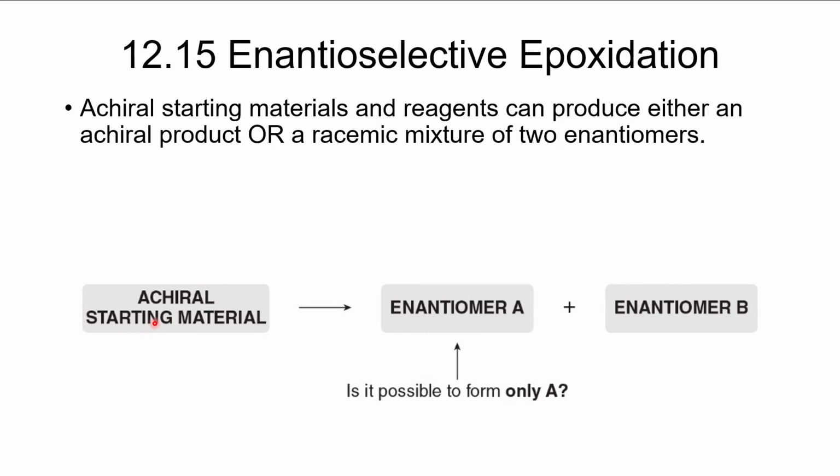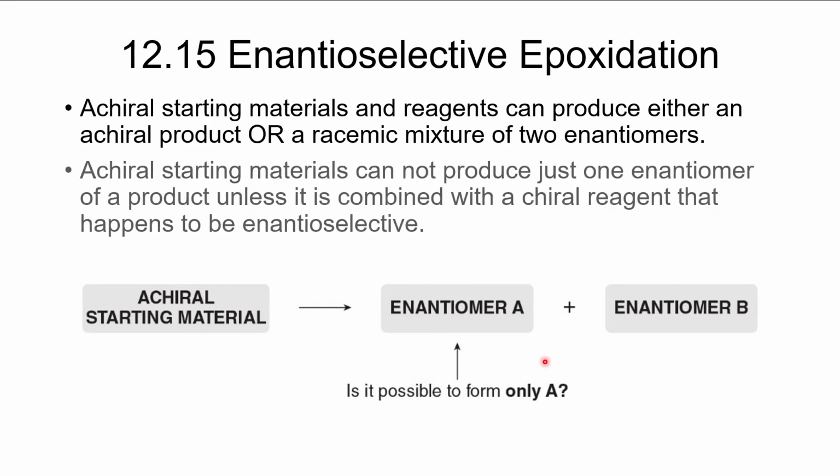It's impossible to take an achiral starting material and an achiral reagent and produce just one of the enantiomers. In order to convert your achiral starting material into just one enantiomer, you have to do one of two things. Either one, you have to use a chiral reagent, or two, you have to separate your products at the end.